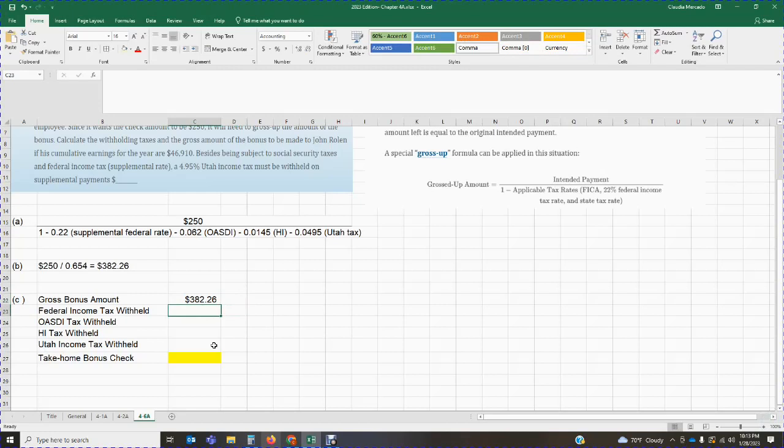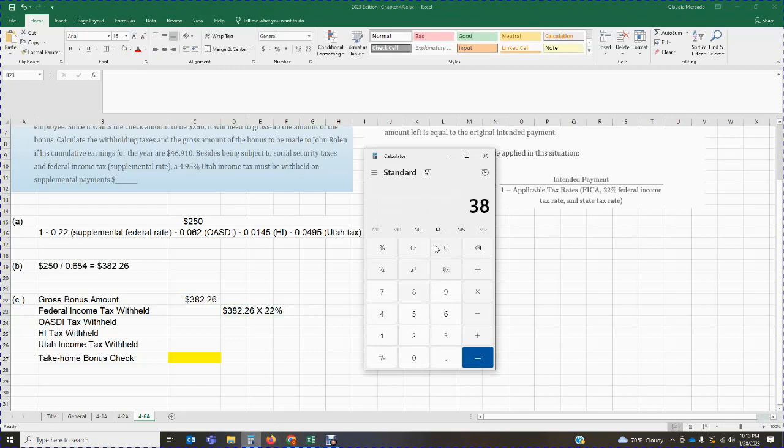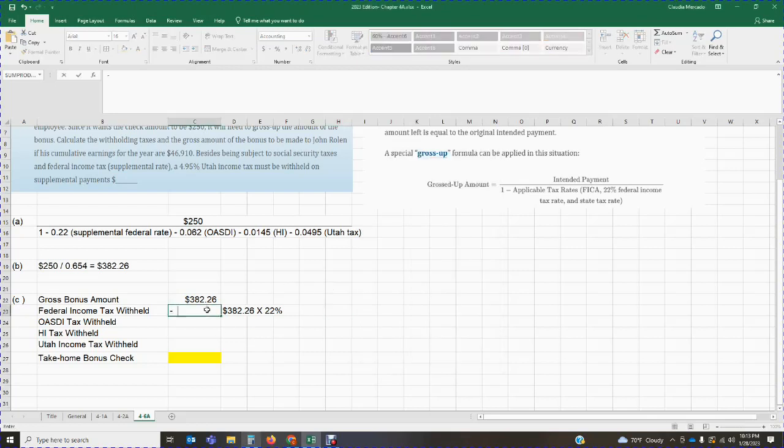If we were to deduct federal income taxes, that would be $382.26 at a rate of 22%. $382.26 times 22% gives me 84.097. That third digit is a 7, so I'm going to round up to 84.10. And remember, these are deductions because I'm going to take that from my paycheck.